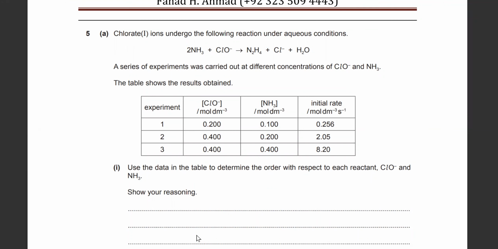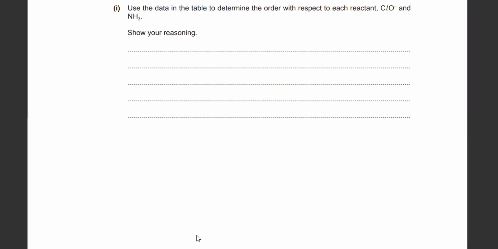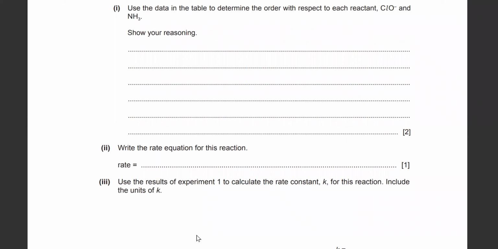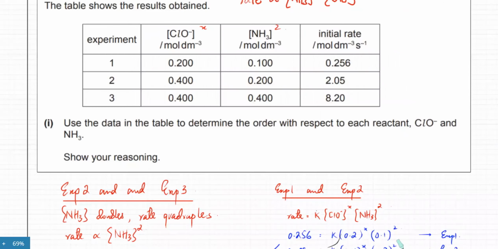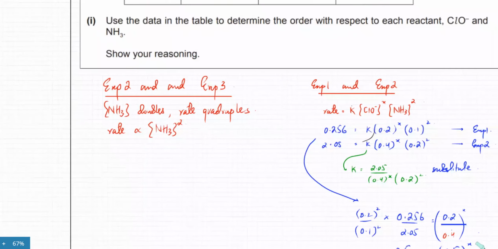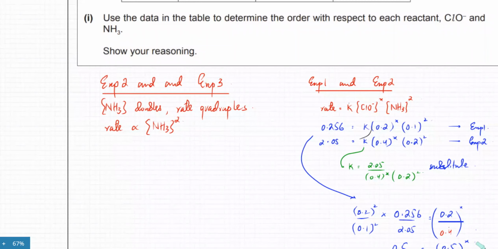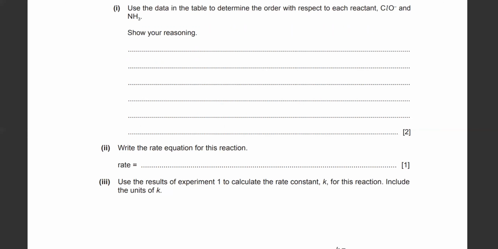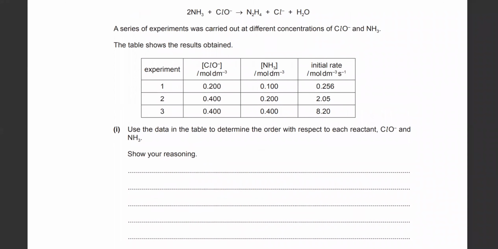Give your reasoning. The reasoning is exactly the same. You have to show your working. Now, the remaining part is that you'll be asked to figure out the rate equation, which we actually did in this case. What did we get? X is 1. So my rate equation would be, I already know that it's NH3 squared.